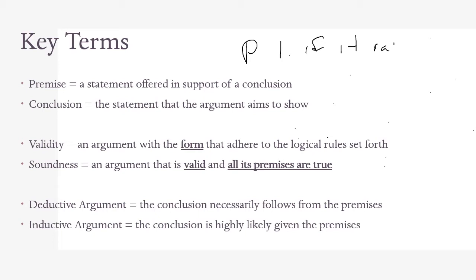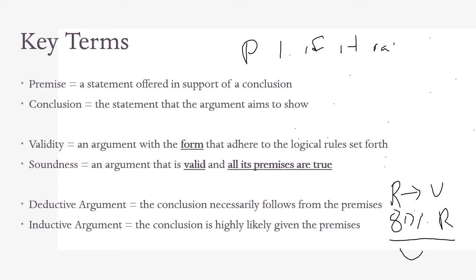Instead, the conclusion is highly likely to follow from the premises. So, say we do a similar argument. If it rains, I'll take my umbrella. There is an 80% chance it's going to rain, so I'll take my umbrella. So that's not saying it is going to rain, but there's a very high likelihood it's going to rain.